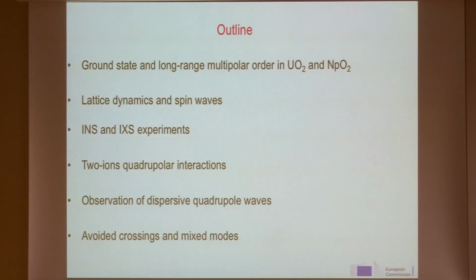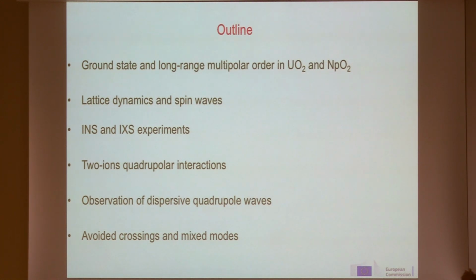What is emerging from this analysis is that the key ingredient to understand the physics of these systems is the two-ion quadrupolar interaction, mediated both by the quadrupolar component of the superexchange interaction and by magnetovibrational coupling.